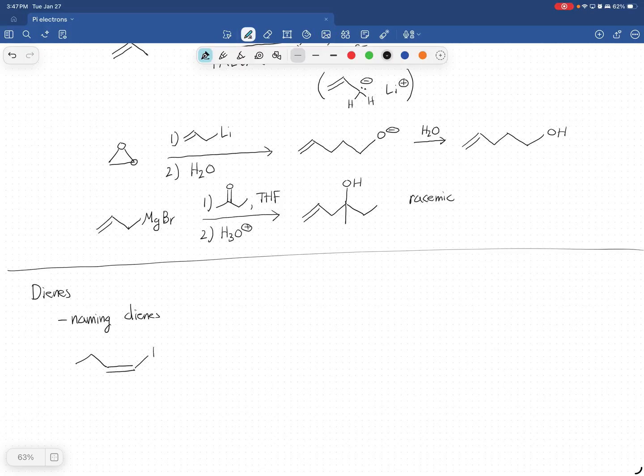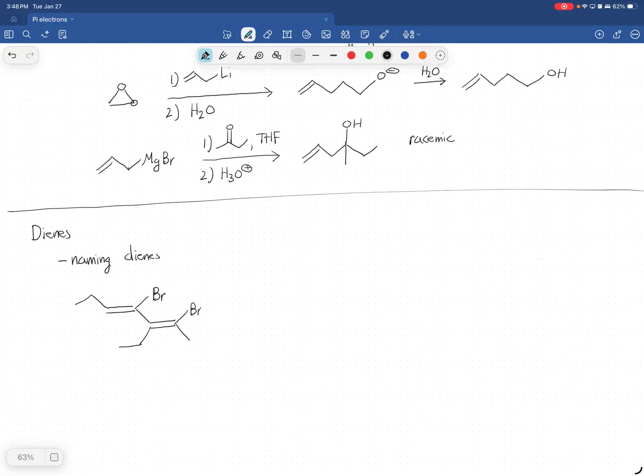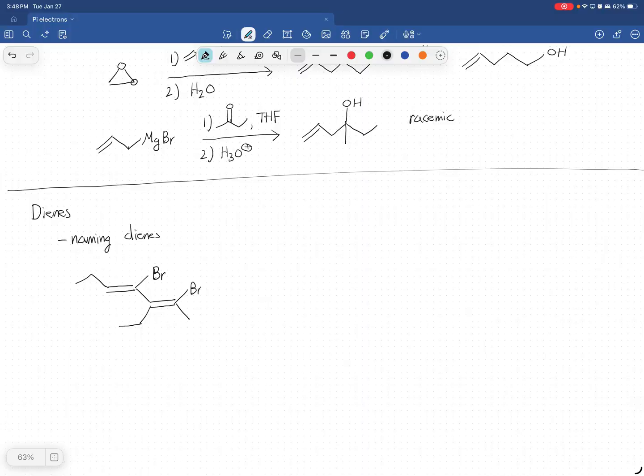All right, so let's say we have this molecule. And we need to name this one. All right. So, what's the parent chain? How many carbons? 7.